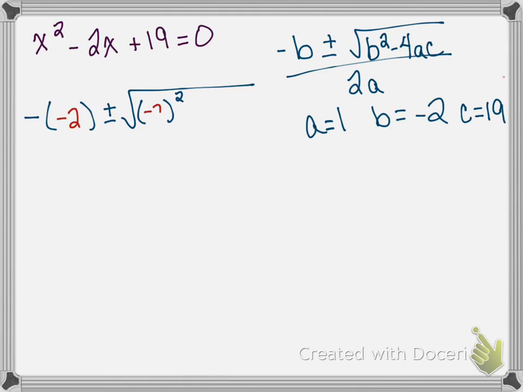When I square a negative, what do I get? A positive. So be careful. That's a very common mistake right there. Very common. Minus 4 times my a value, which is 1. And then times my c value. What's my c value?